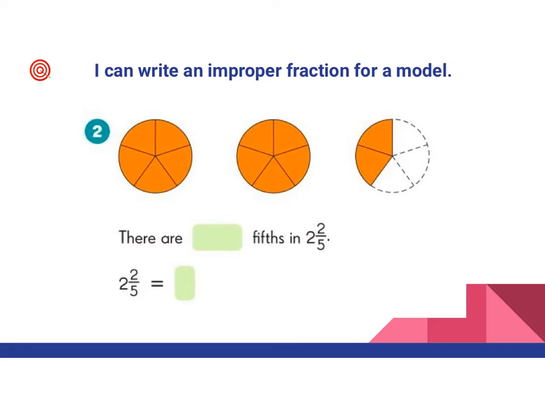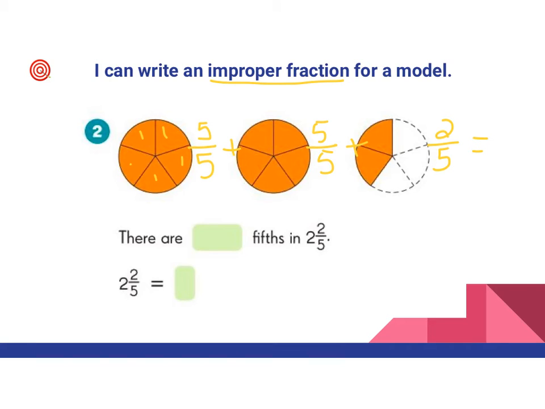How about this model? What is this model showing? As an improper fraction, I can see 1, 2, 3, 4, 5. These are all divided into fifths. So all 5 of these fifths are colored in orange. All 5 of these fifths are colored in orange. And then 2 of these fifths are colored in orange.